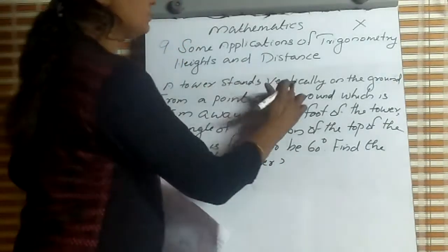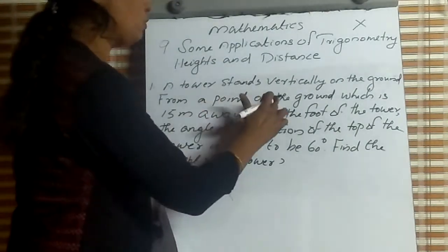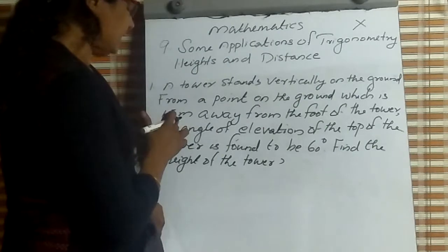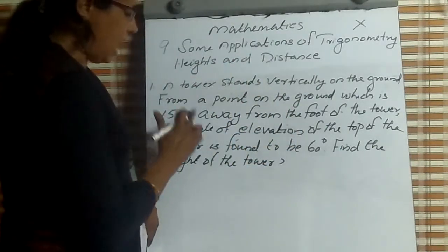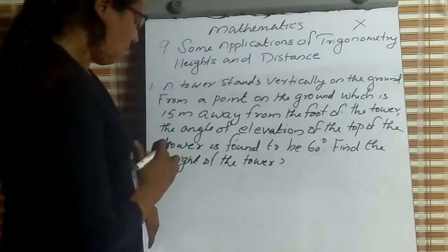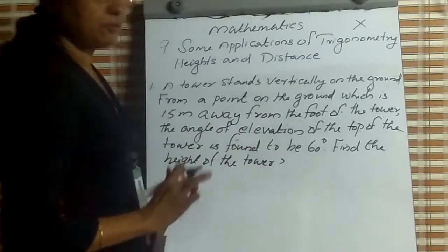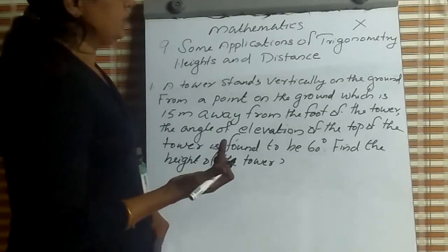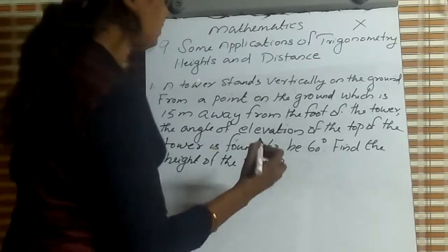A tower stands vertically on the ground. From a point on the ground which is 15 meter away from the foot of the tower, the angle of elevation of the top of the tower is found to be 60 degree. Find the height of the tower. Here first we draw a rough figure based on the given conditions.